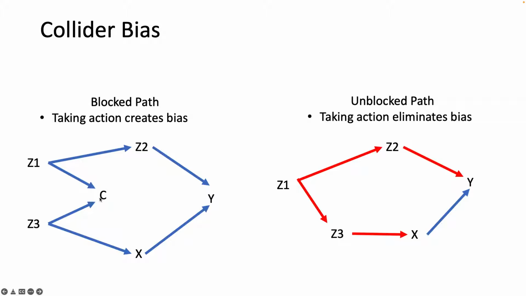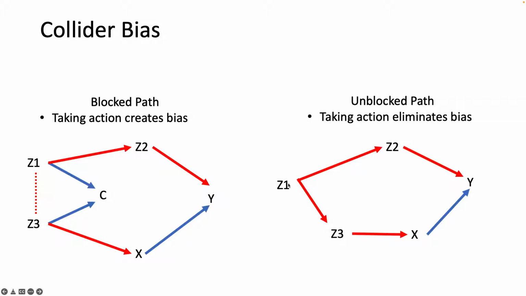There is no bias here, because it's only when we condition on this collider, like I said before, by including it in the model or matching on it, that all of a sudden we create this artificial relationship between these two variables, and you've unblocked a blocked path. So by taking action on a blocked path in this way, you're unblocking it and creating a backdoor path.